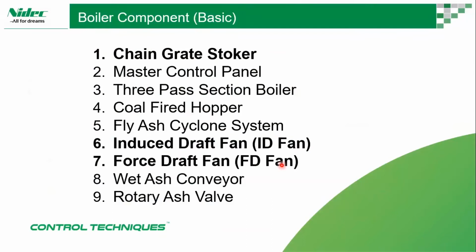We will talk about coal here. For gas, the other type, sometimes they control the fire from the gas supply. So if you have a customer using coal, for sure they use these 3 items, and we can promote our VSD to them.